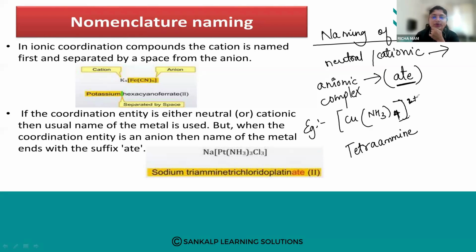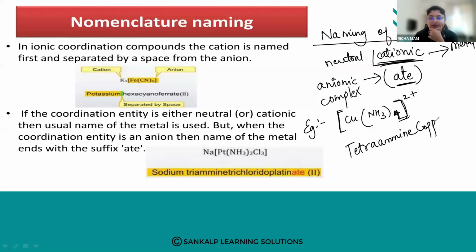Now what type of complex is this? This is a cationic complex because the charge is plus 2. Cationic means the overall charge on the complex is positive. On this complex, the charge present is plus 2, so this is cationic. So the name of the metal is copper, and it won't change.